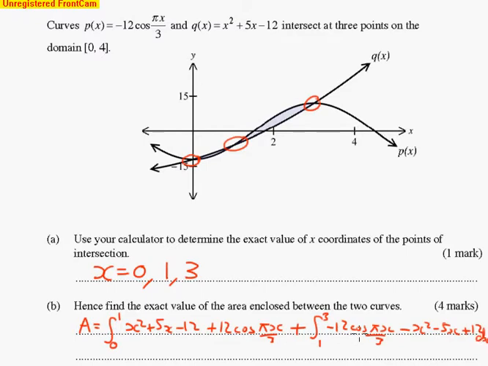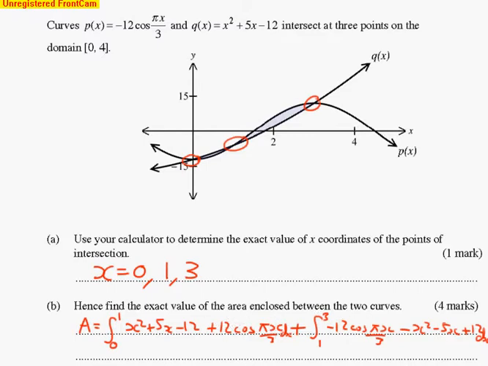That's with respect to x, and there should be a dx on the end of that one as well. Okay, that's the two things that I have to integrate, and I have done the subtracting of one function away from the other in both those sections.